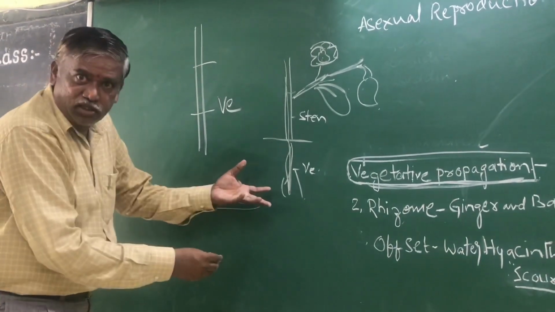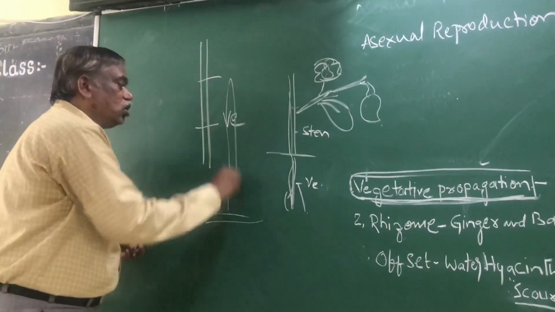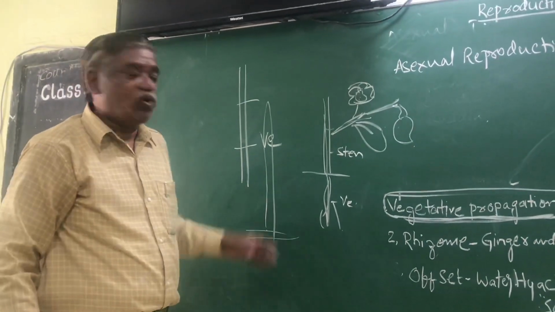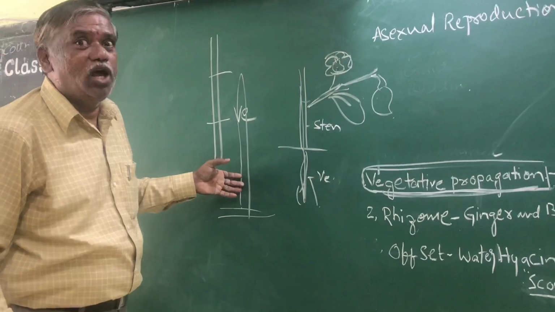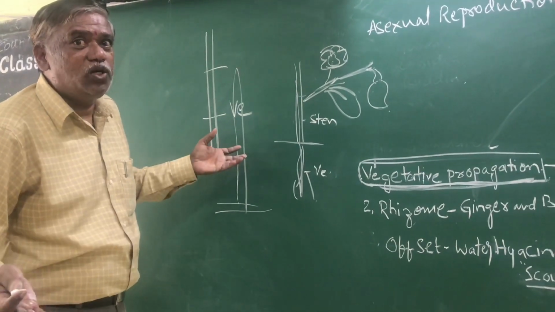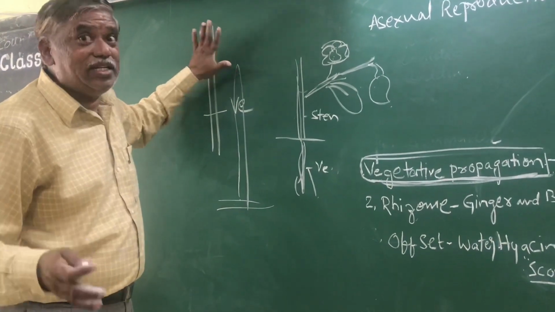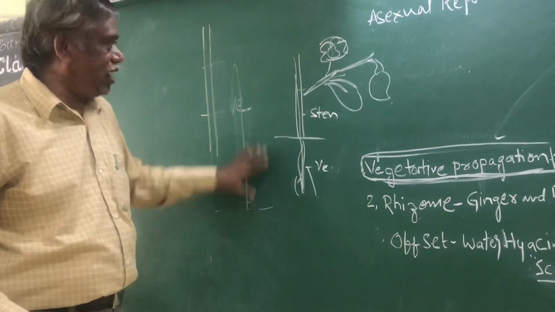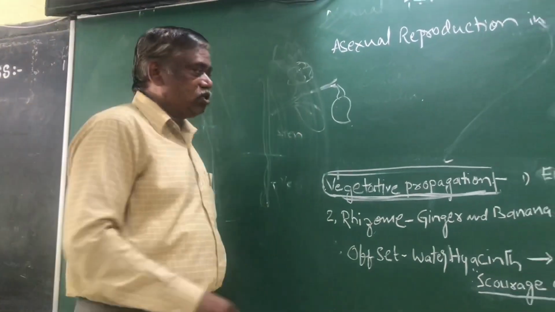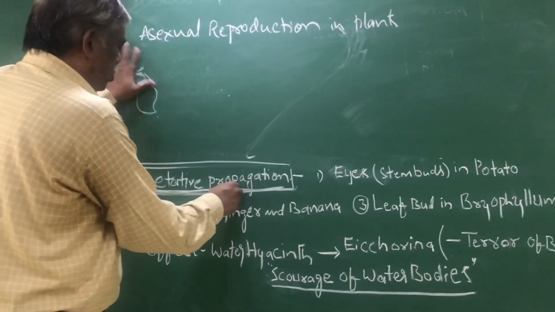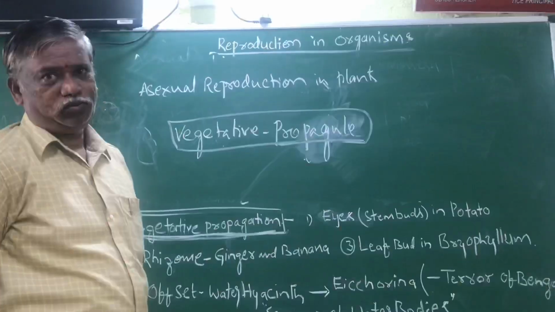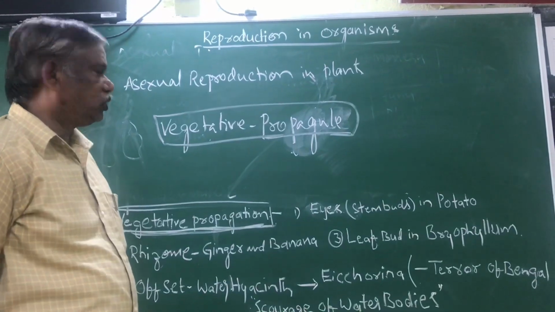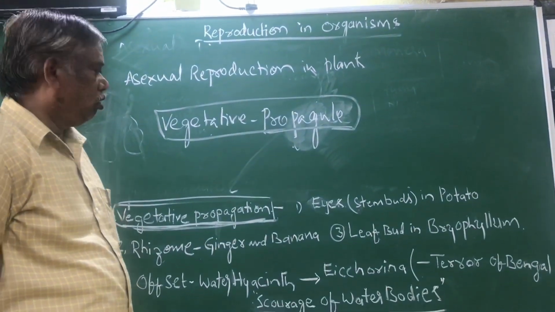After a few days, this becomes a new individual separate plant. In this reproduction, the flower is not involved. The flower means reproductive cells. Hence, it is asexual reproduction. What is this? Vegetative propagation.